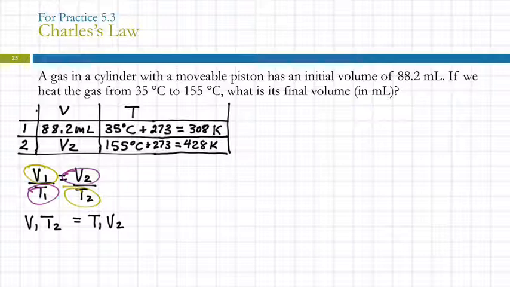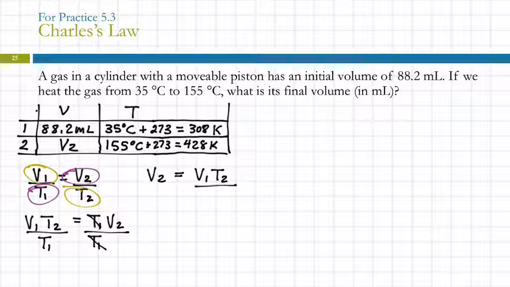When we get rid of the fractions, then we're more successful rearranging the equation. Because I'm looking for V2. Here's V2. So divide by T1. So V2, that's what I'm trying to find, is equal to V1 times T2 divided by T1.